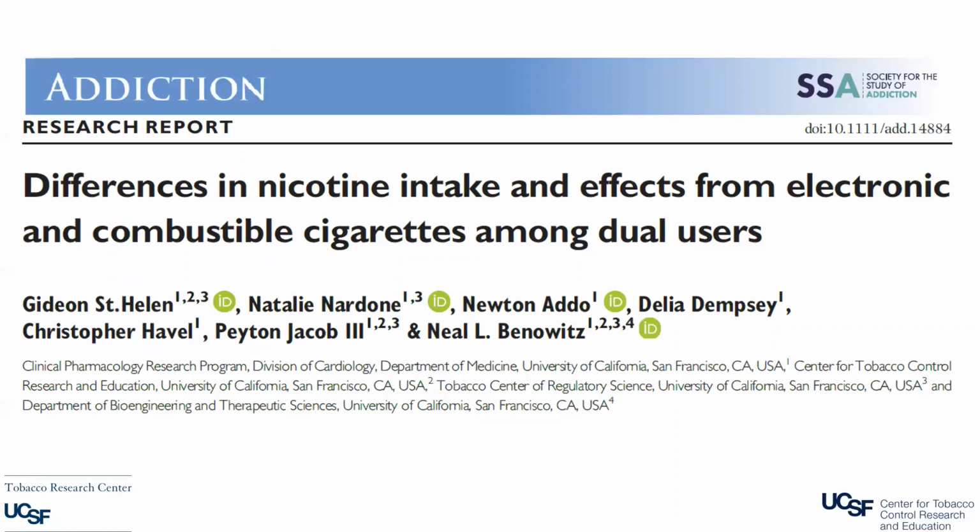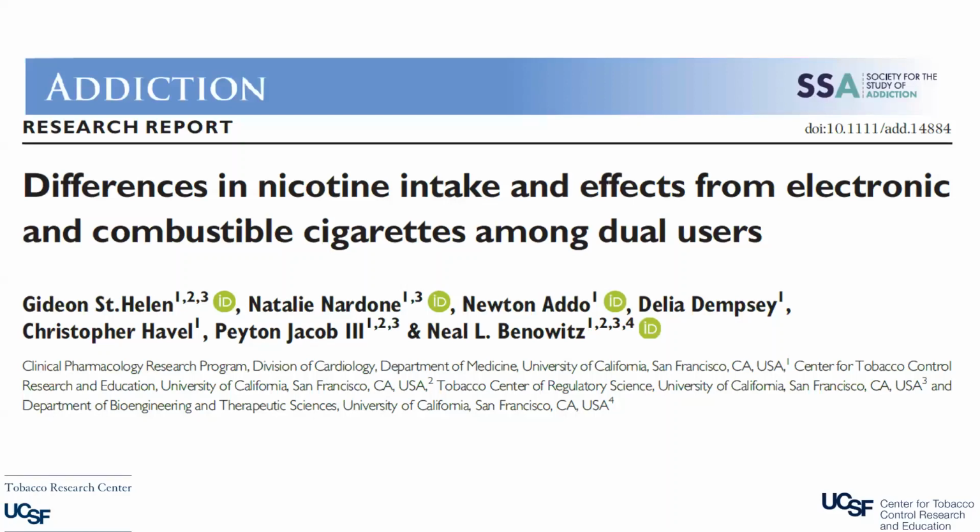We just completed this study, which was published late last year, maybe in November, December of 2019, where we compared nicotine delivery from e-cigarettes and combustible cigarettes in persons who use both of these devices. So these are dual users. We had them on the research ward for 3 days.